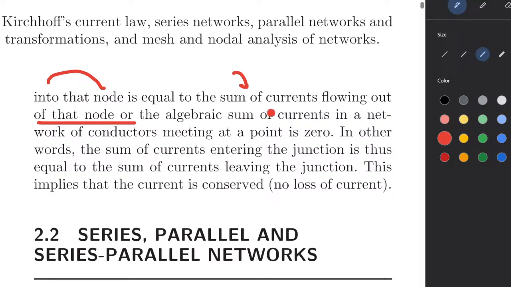The algebraic sum of all incoming current is equal to the sum of all outgoing current, so the net current is zero.